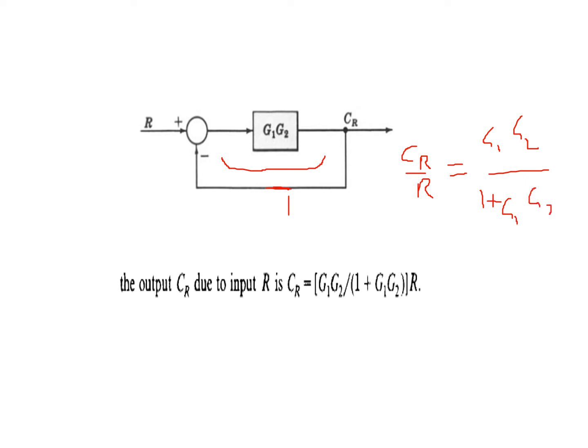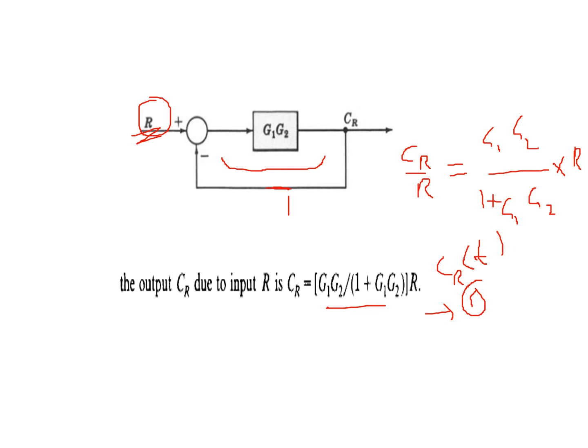That is the transfer function of the block diagram due to the input R. From that, find C_R, the output due to the input R. C_R is equal to G1 G2 by 1 plus G1 G2, into R. Okay, consider this as equation number 1. This is the output due to the input R(s).